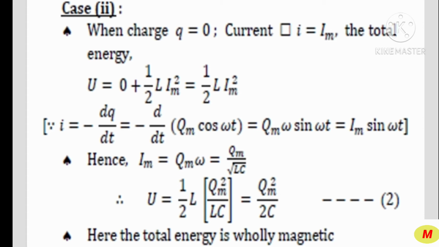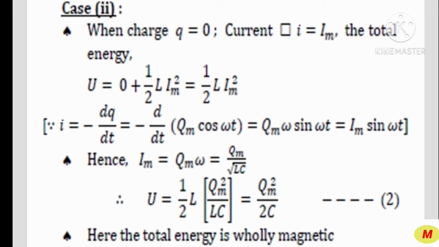Here small i represents the rate of change of charge with respect to time, which can be written as i is equal to minus dq by dt, which is equal to minus d by dt of, here small q is replaced as capital Qm cos omega t. So when we differentiate Qm cos omega t, we will get Qm omega into sin omega t, which is equal to capital Im sin omega t. Here capital Qm omega is replaced as capital Im.